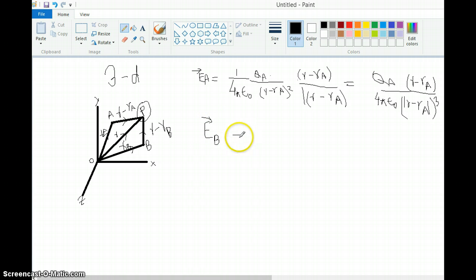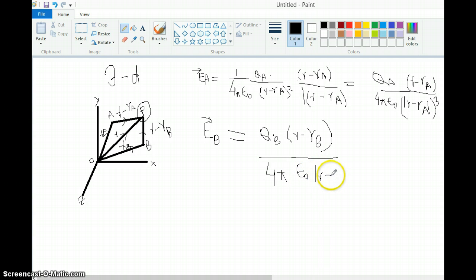The final expression would be EB equals QB times R minus RB, whole bracket, over 4 pi epsilon naught, modulus of R minus RB, cubed. That's not proper. There you go, cubed.